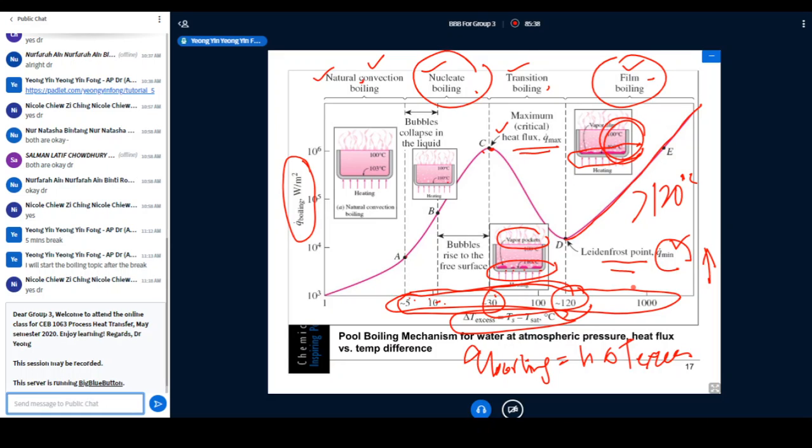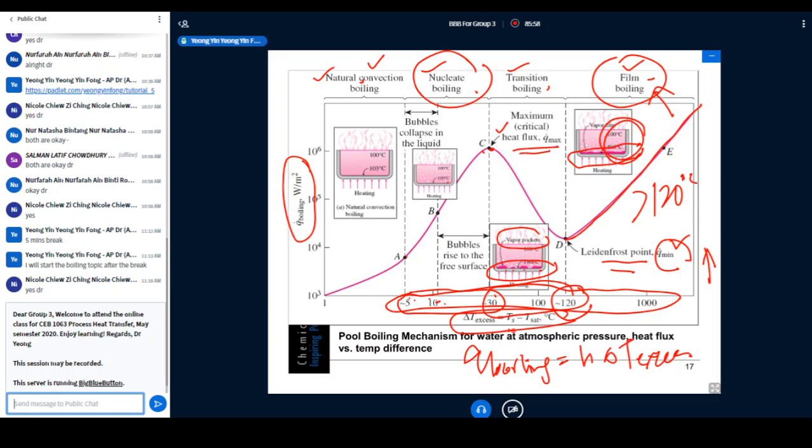So if it is larger than 120, it becomes film boiling. This is the pool boiling mechanism at different delta T excess, and you can see how the liquid behaves in each of these regions.